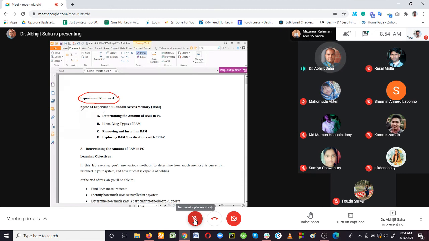It is about the random access memory, RAM. We have already got very good ideas from our theory class about what memory is. There are two types of memories, volatile memory and non-volatile memory.